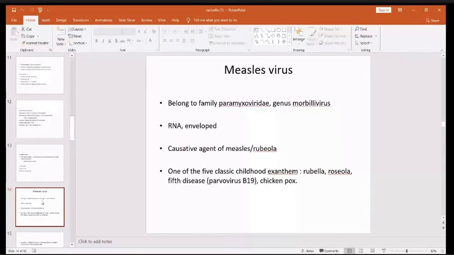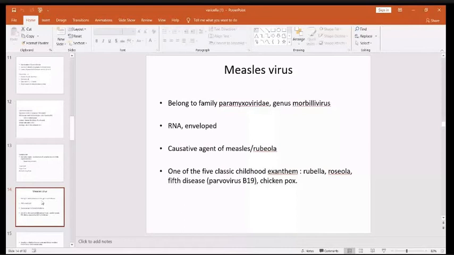Rubella is similar to measles, but the symptoms are less severe as compared to measles. Rubella is also called German measles. And other infections associated with rashes in childhood are roseola and parvovirus infection.